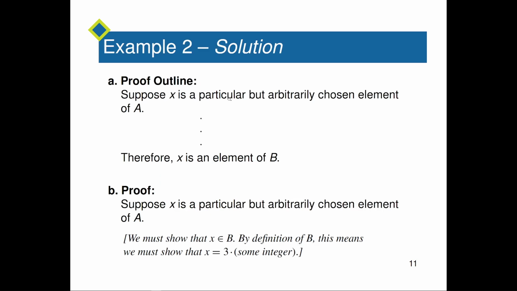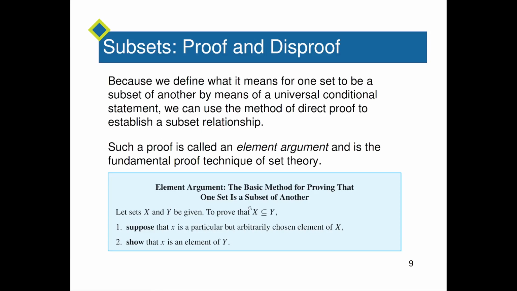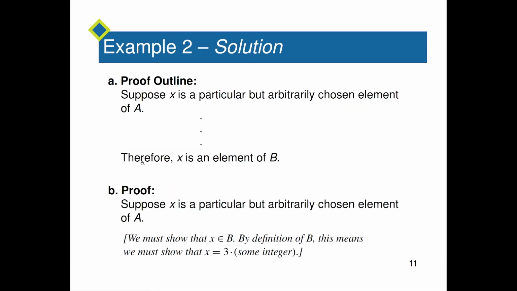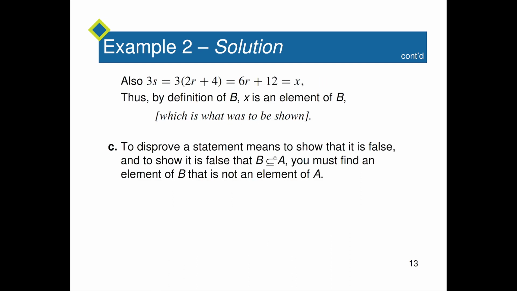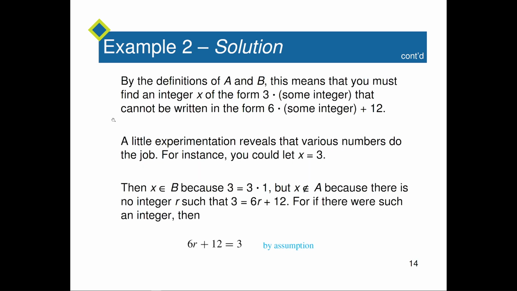Suppose x is a particular but arbitrarily chosen element of A. Then these three dots mean we have to go through a series of steps in order to conclude that x is also an element of B. That is the intuition behind these proofs. And here are some examples for you to go through on your own time.